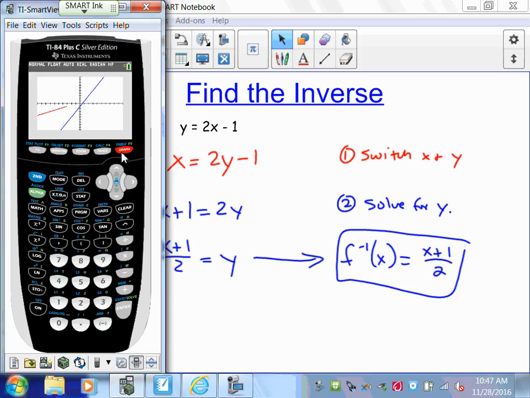I made a typo. Let me see what you put in. You want 2x minus 1 and x plus 1 over 2.